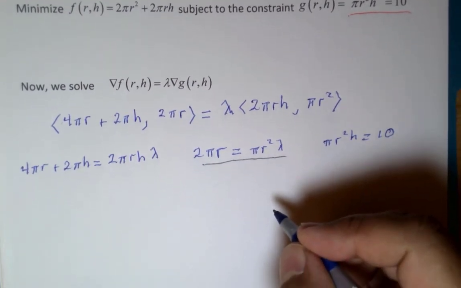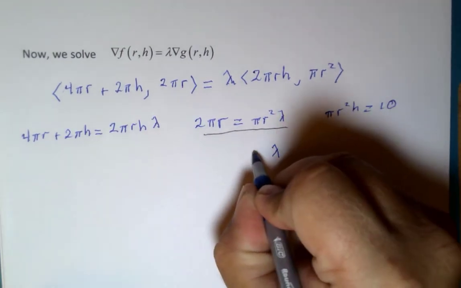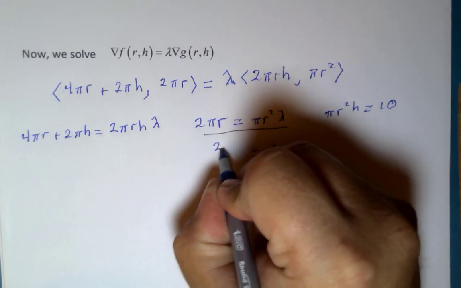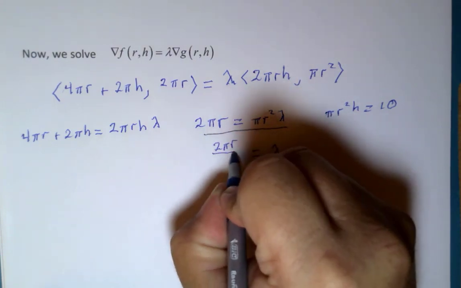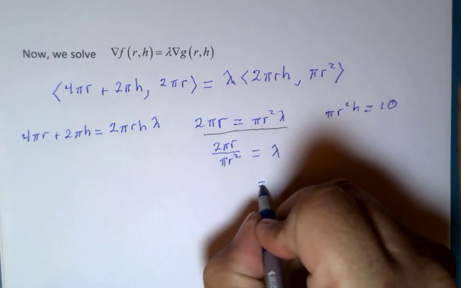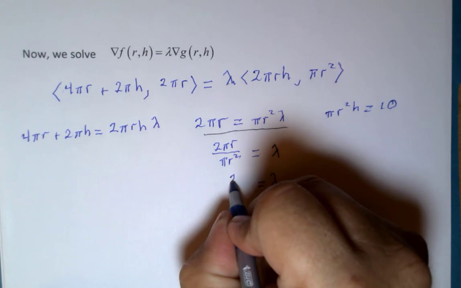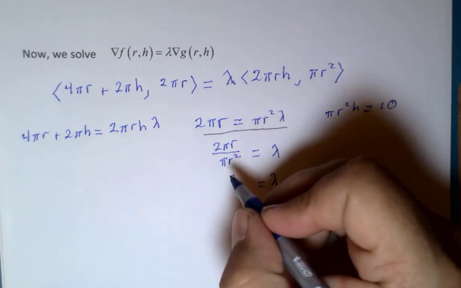I can slide this up now here. Lambda would be equal to 2 pi r over pi r squared, and that means that lambda would be equal to 2 over r.